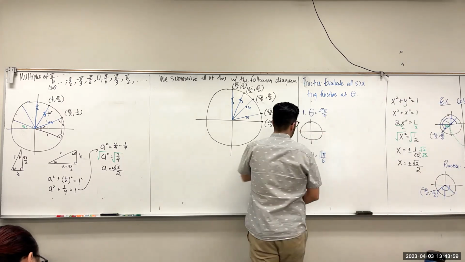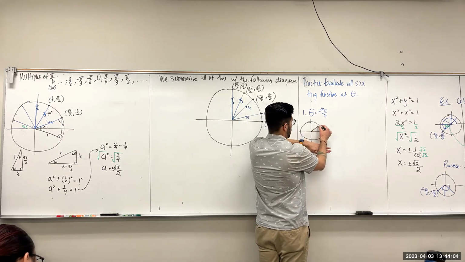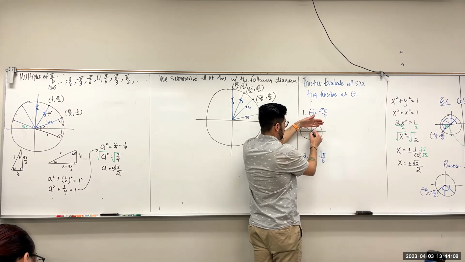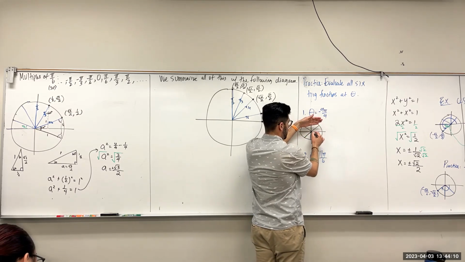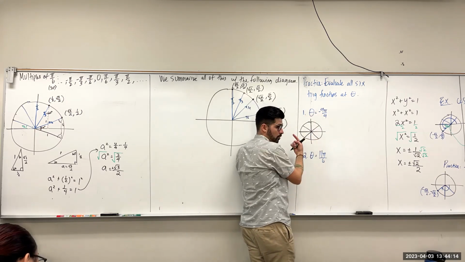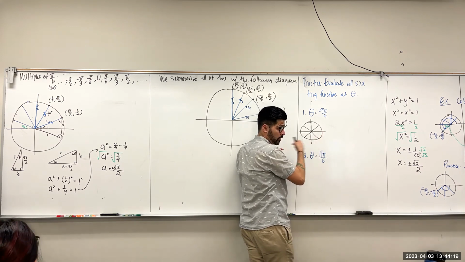you're gonna divide pi into 4 parts. So 1, 2, 3, 4, and then the bottom, 1, 2, 3, 4. Because it's negative, you gotta rotate clockwise. Each of these is a pi over 4 rotation.